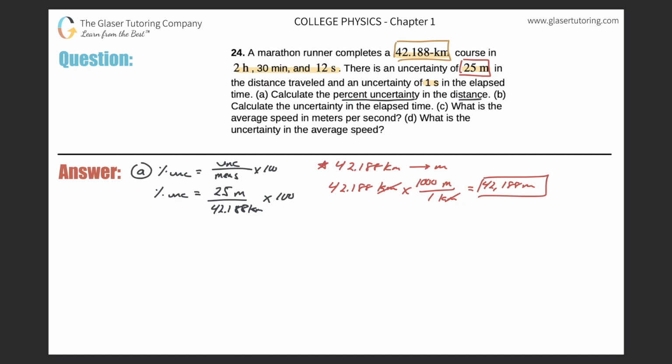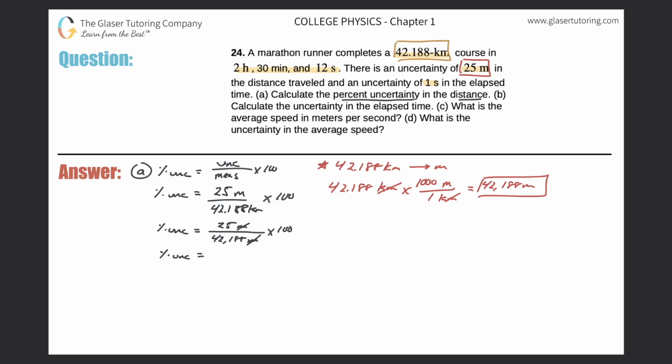Okay, so we found the meters. So now we can plug that into the percent uncertainty calculation. This is equal to 25 meters, that's the uncertainty, divided by the measurement, now 42,188 meters. Great, so we have consistency now. The meters will cancel, which is appropriate because the percent is going to be unitless. And now we just do the division.